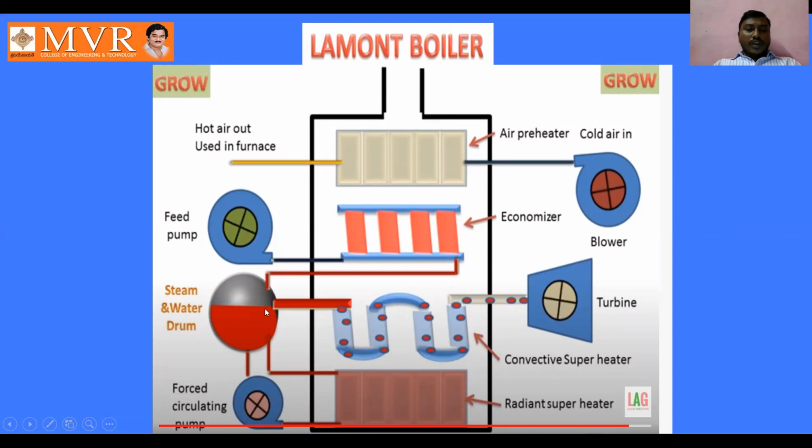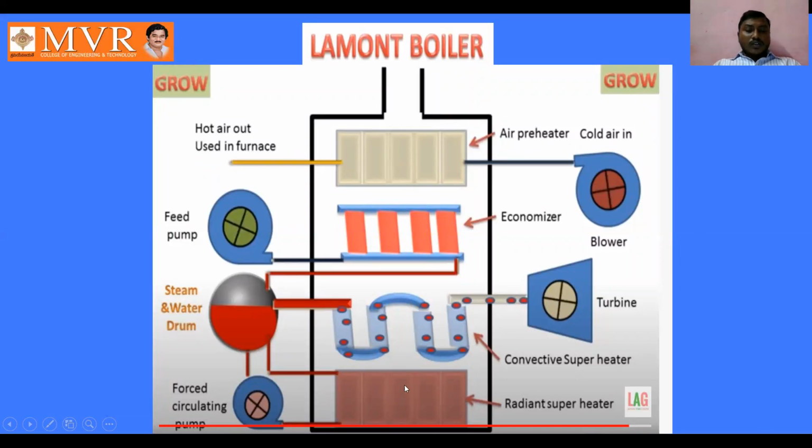After it enters into the steam and water drum, the steam as well as the water is separated here, and the water enters into the forced circulation pump. By using this pump, the water enters into the Lamont boiler.